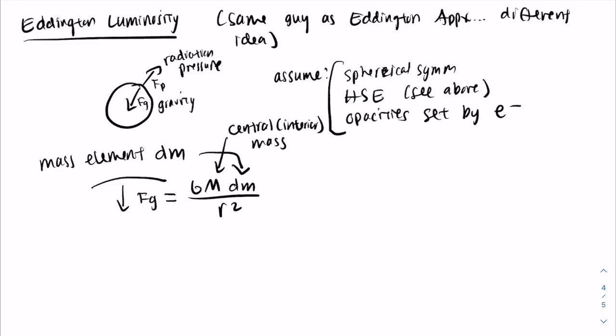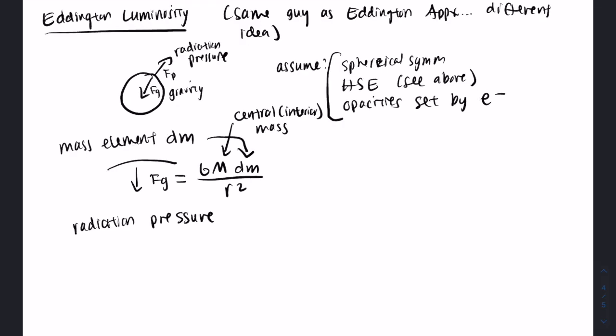At the same time, in stars, we have radiation generated in the stellar interior, and the radiation is going to exert a pressure on this differential mass element as well. The pressure due to radiation is something we've actually thought about before. So we can write an expression for the pressure due to radiation using what we learned from those radiative moments that we derived.